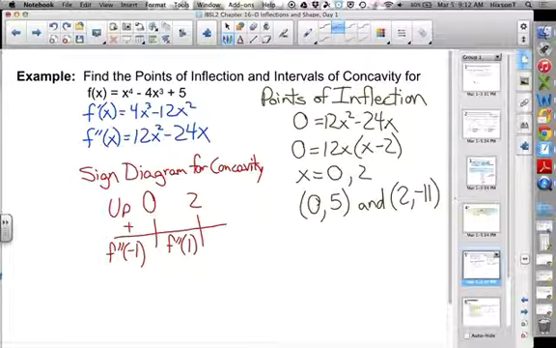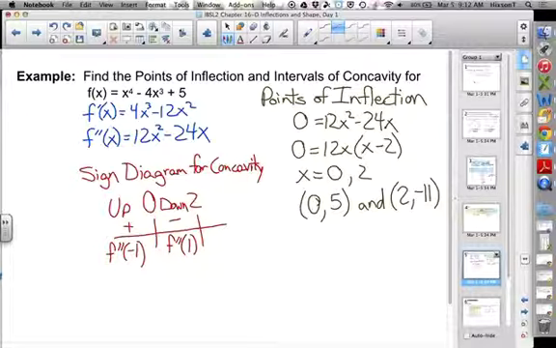If you've got double roots in there somehow, or if there were asymptotes or some things like that, that could affect how things work. So it doesn't take a whole lot to try it, just to be safe. If we tried 1, 12 minus 24 is -12, so I know that's negative, so this one's going to be concave down.